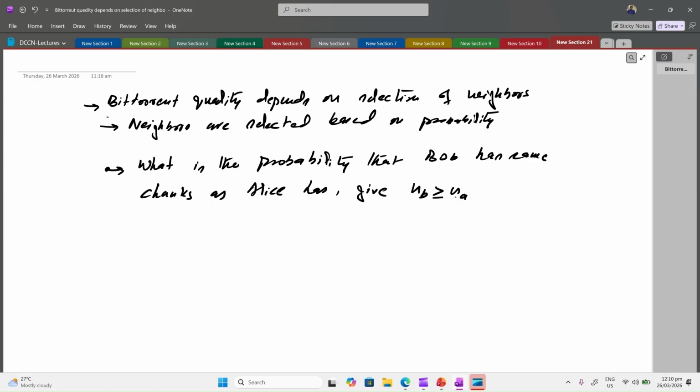So Bob will calculate, okay, what is the probability that I have the same chunk as Alice has, given that my number of chunks is greater than or equal to the number of chunks Alice has, and this can be calculated.